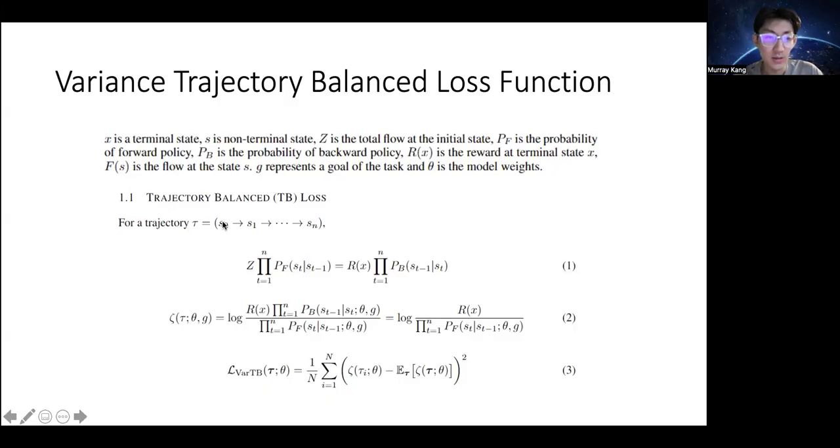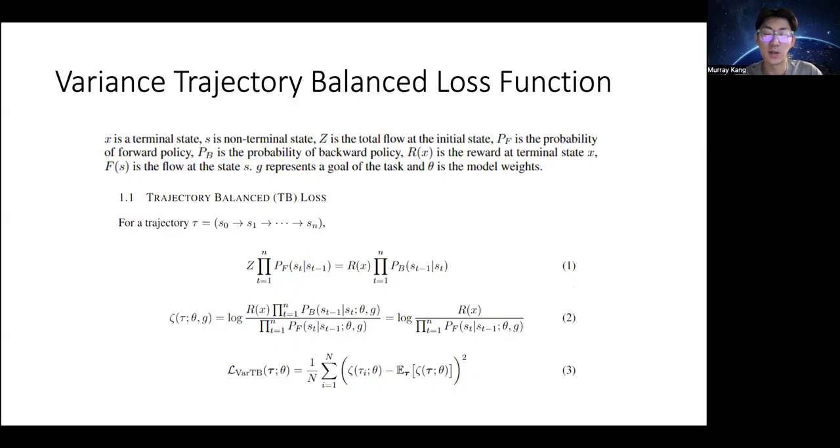Okay. And then the trajectory balance loss is like this. So we first have equation 1. That is for a given trajectory from S0 to Sn, the PF along the trajectory times the initial flow at the beginning should equal the backward flow, and the last flow is the R(x).